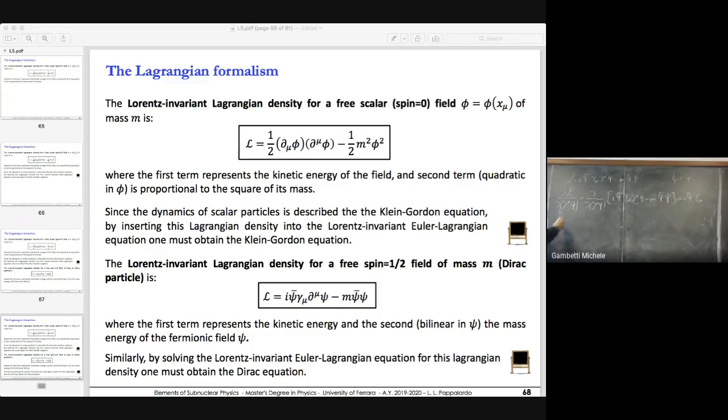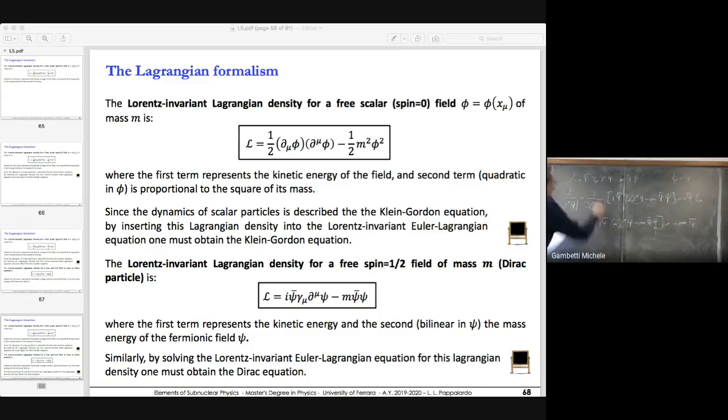Let's now take the second piece of the Euler-Lagrange equation, ∂L/∂ψ. It's the derivative with respect to ψ of i ψ̄ γ^μ ∂_μ ψ minus m ψ̄ ψ. Here we only have a contribution from the second term, because the first term contains only the derivative of ψ. So this is just minus m ψ̄.